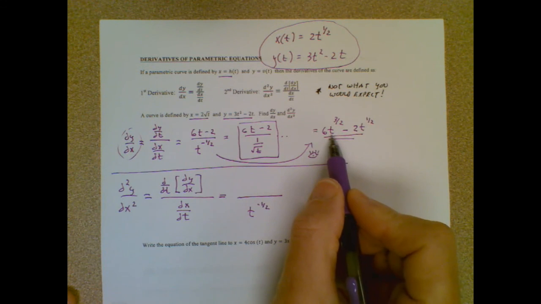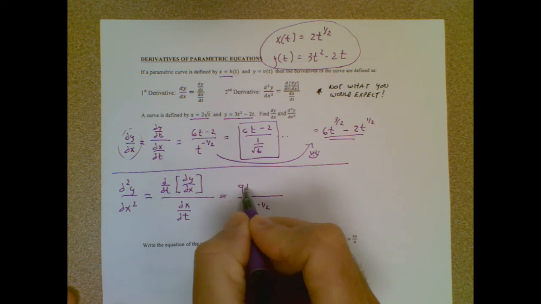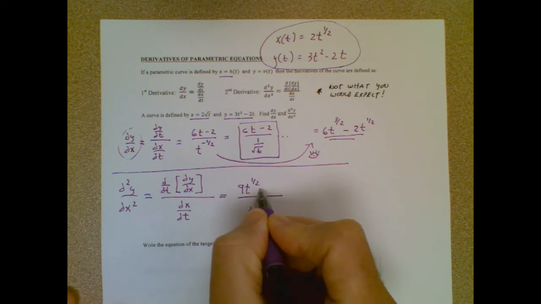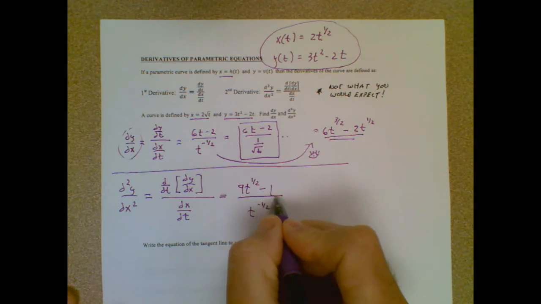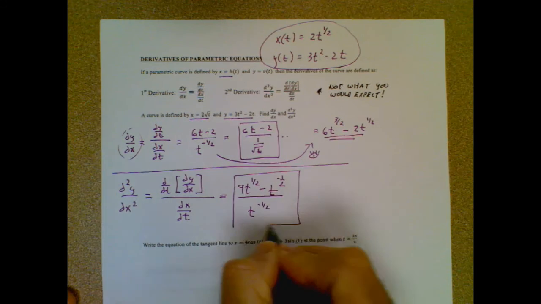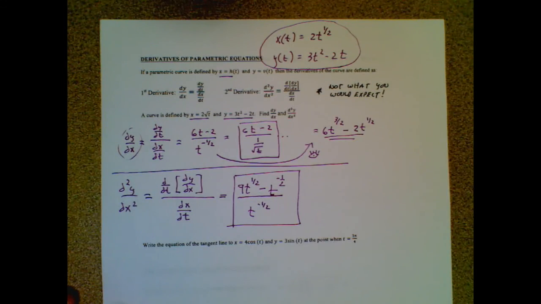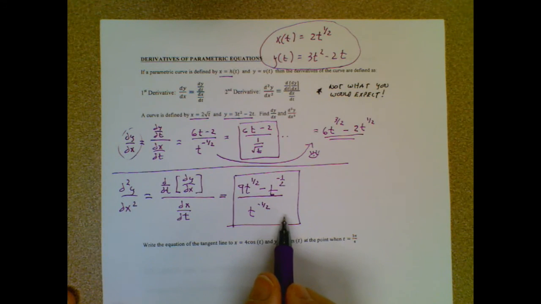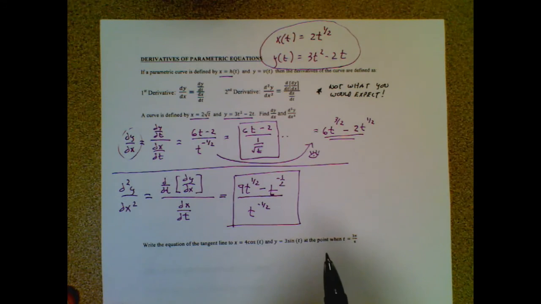Little power rule action here, that would be 9t to the 1/2 minus t to the negative 1/2, that's a t. And I actually am complete. I could rearrange it again, but why do that unless I need to?